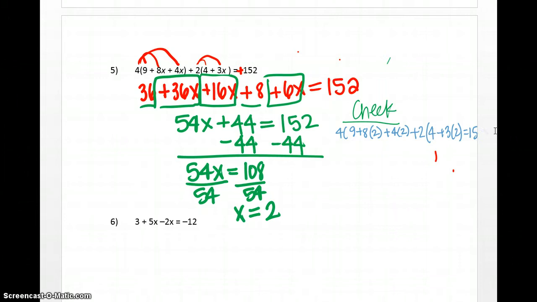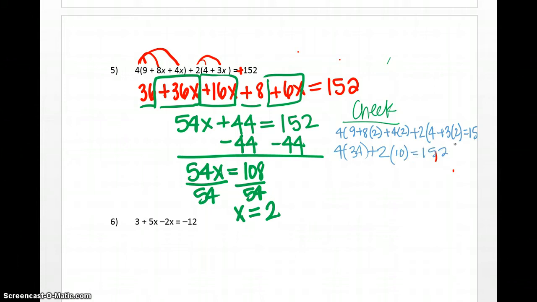Okay, so then I have 4 times, 9, 8 times 2 is 16. 16 plus 8 is 24. So 24 plus 9 gives me 33. Okay, so it's 4 times 33, plus 2 times, 4 plus 3 times 2 is 6. That would be 10 equals 152.